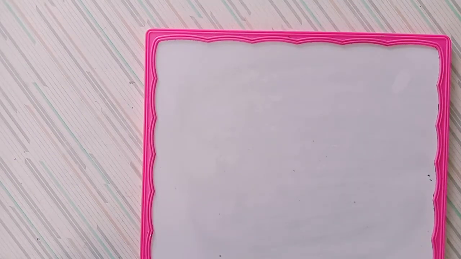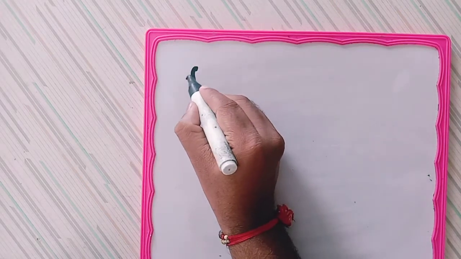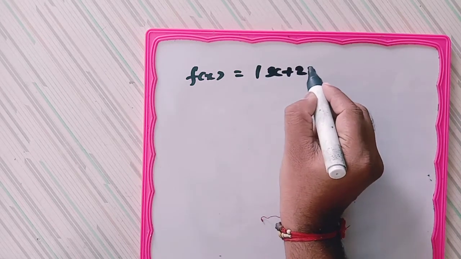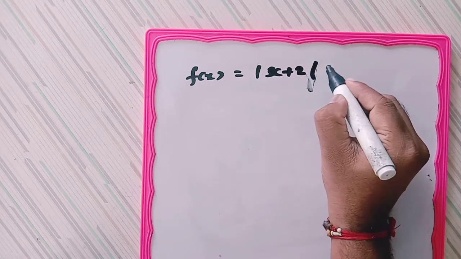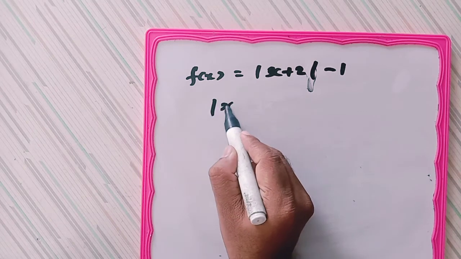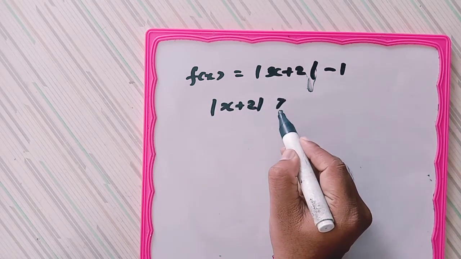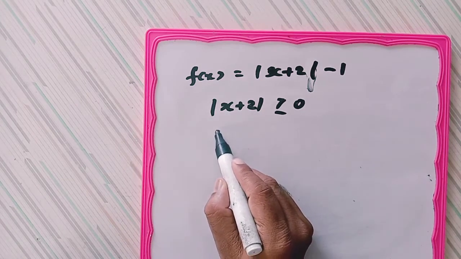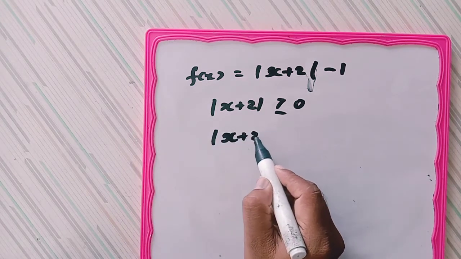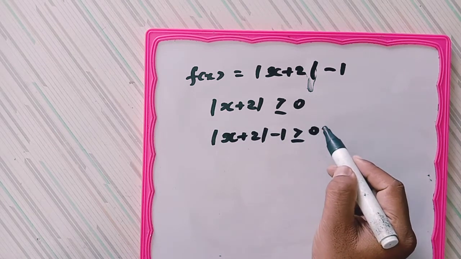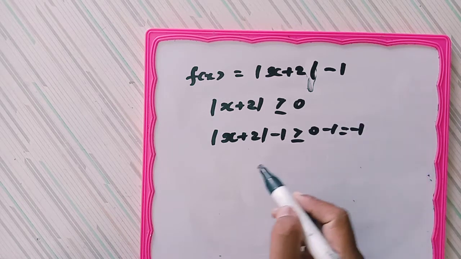Now question 2, we have to find the maximum and minimum values of the given function. So f(x) equals modulus of (x plus 2) minus 1. So we know that modulus of (x plus 2) is always greater than or equal to 0. And so modulus of (x plus 2) minus 1 is greater than or equal to 0 minus 1, which is minus 1.